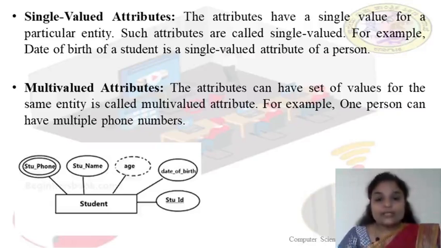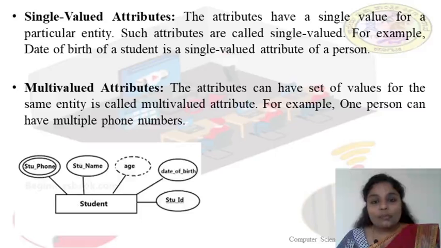Next, in order to summarize this slide, single value means an attribute can have only one value, and we cannot change it further. That is your single value. In multiple value, what happens? An attribute can have more than one value. I'm not saying that a person, suppose he has phone number 1, 2, 3, 4, I'm going to replace that.